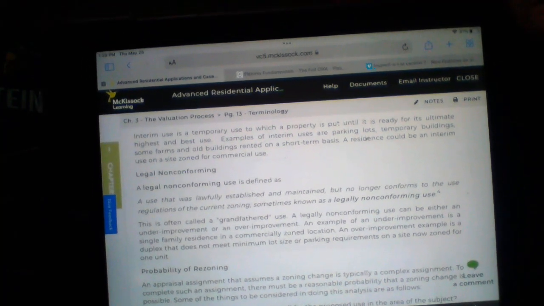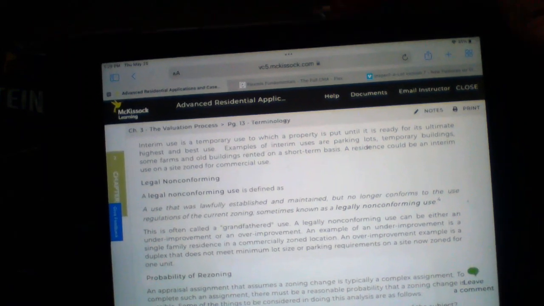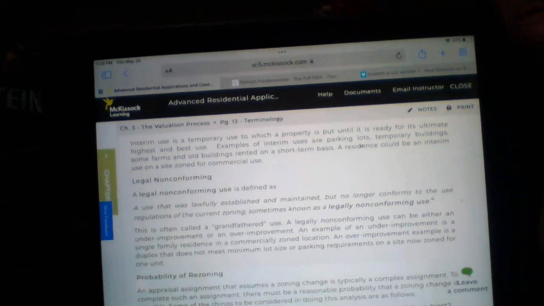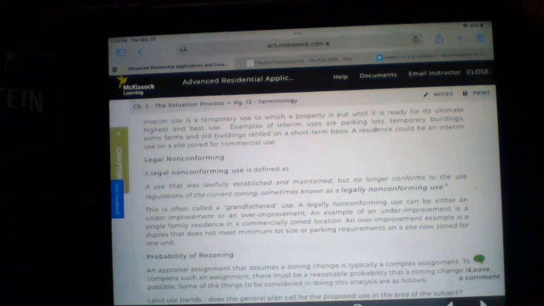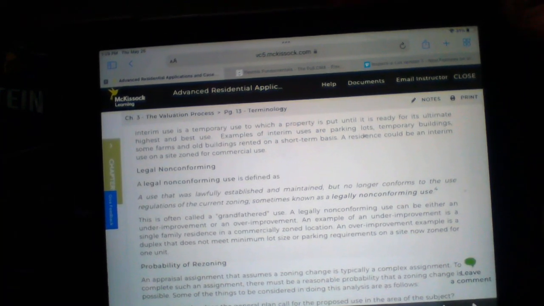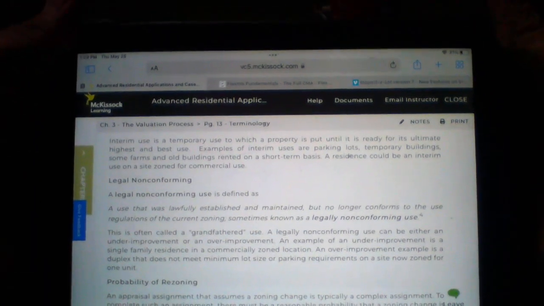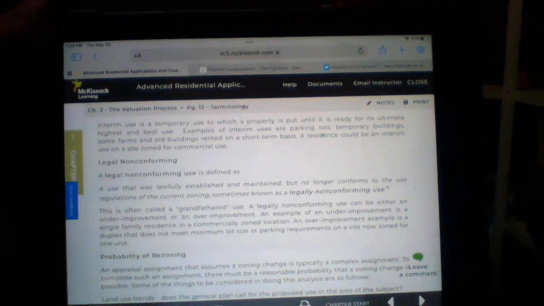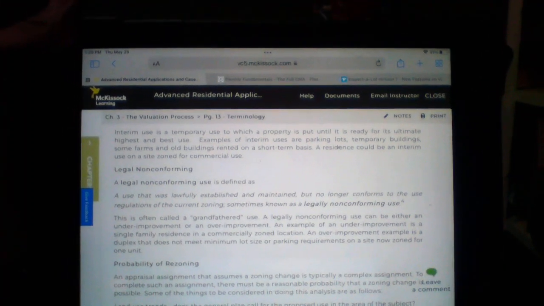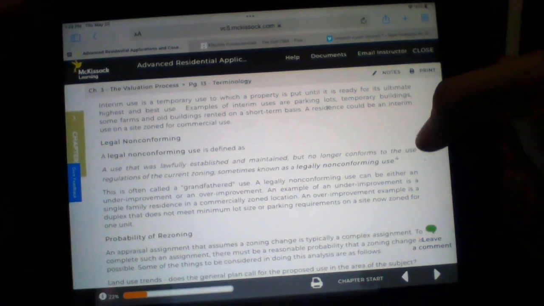Examples of interim uses are parking lots, temporary buildings, some farms, and old buildings rented on a short-term basis. A residence could be an interim use on a site zoned for commercial use.